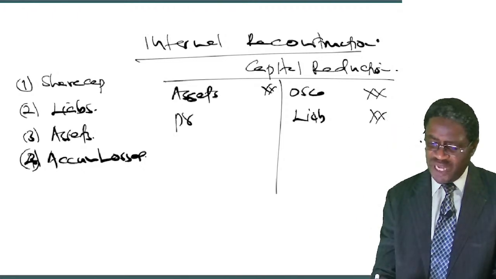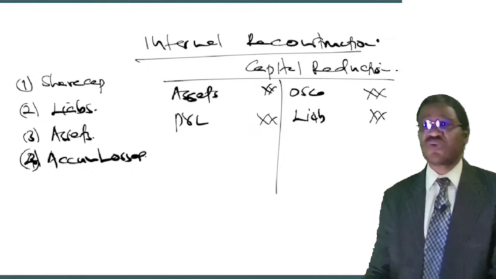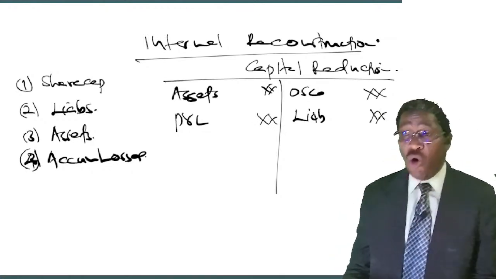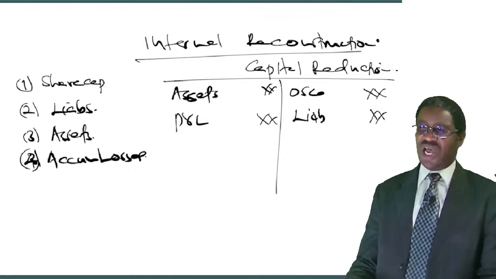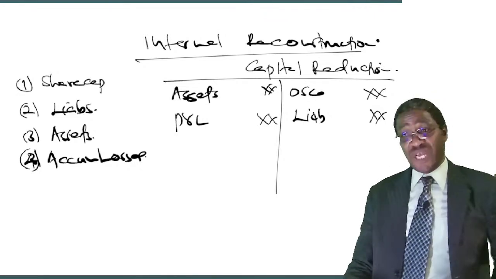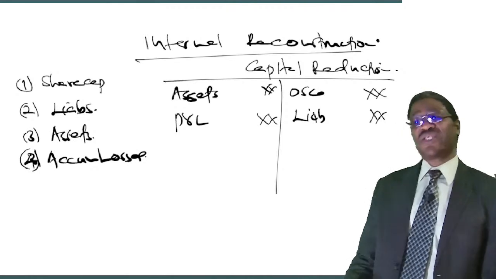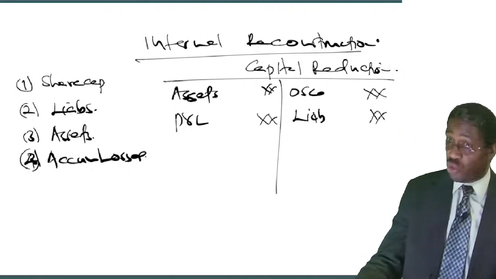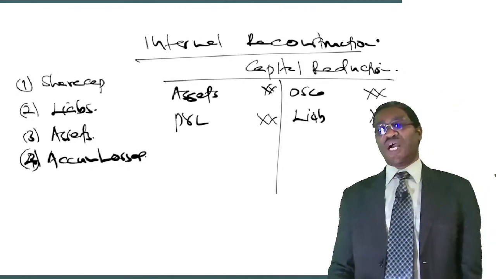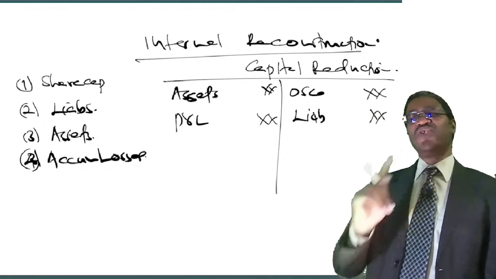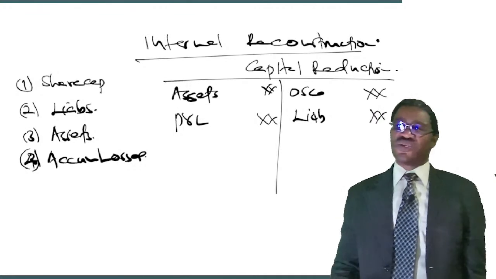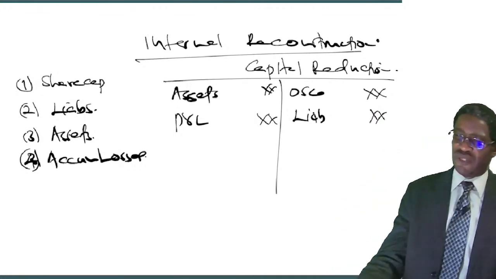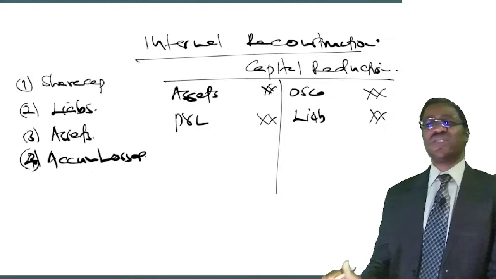Losses are always a debit balance in the P&L account, so to write them off you debit capital reduction and you credit the P&L account. That was our entry number 4.